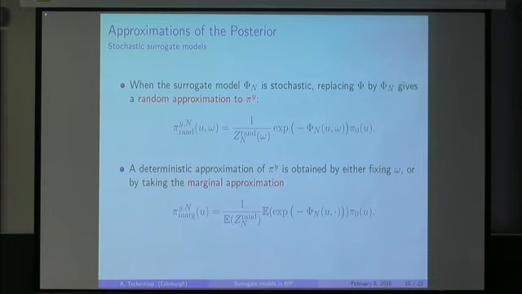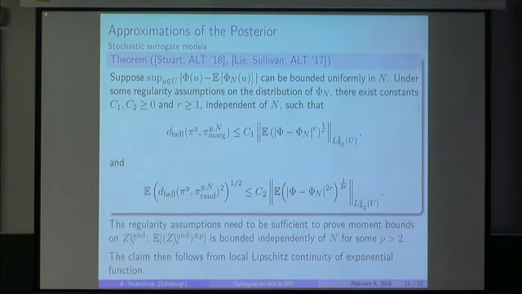So for these two approximations, we now have a very similar result. If we look at the final results first, we again can prove bounds on the error that you're committing by approximating the posterior. We have the true posterior, and then this marginal approximation where we're integrating out the randomness in phi. The error bound that you get is this one.